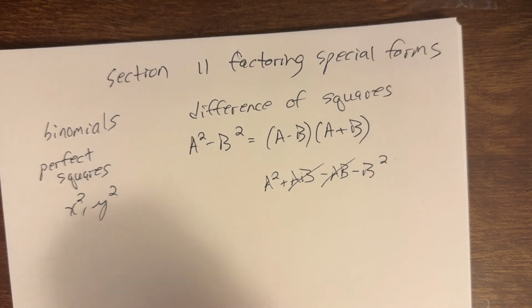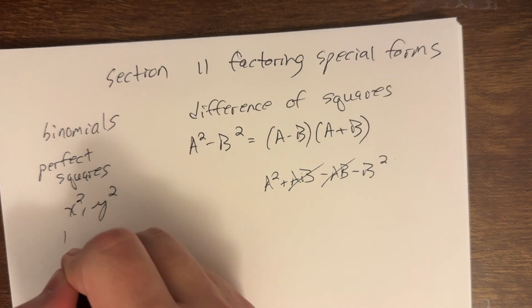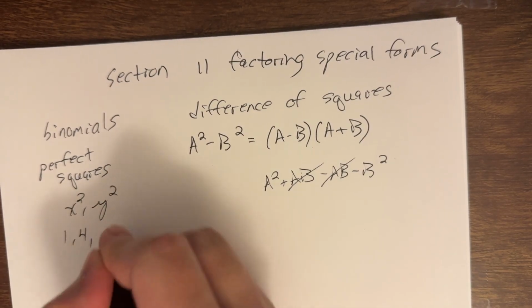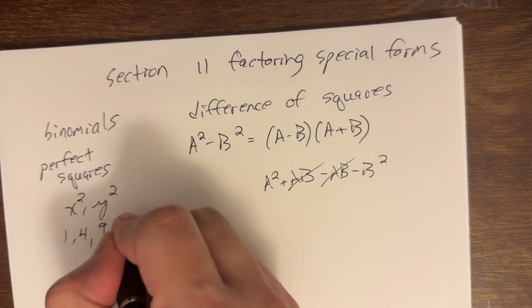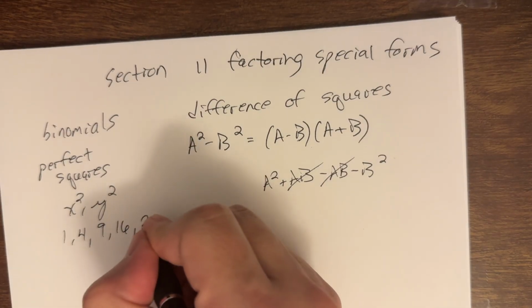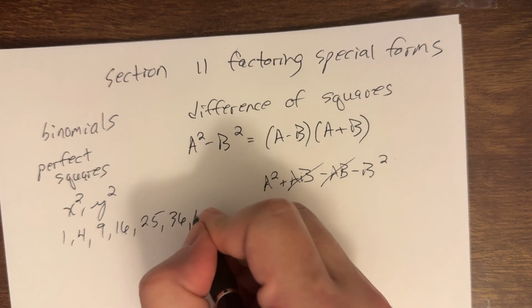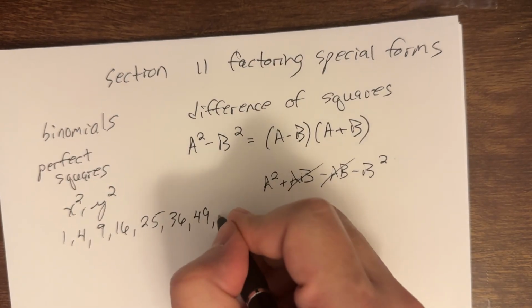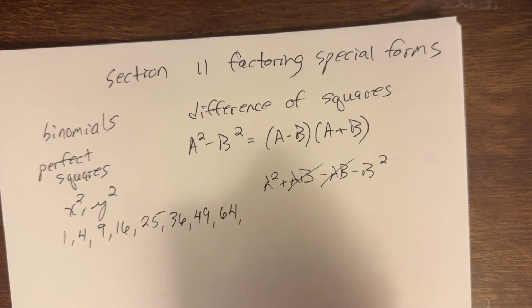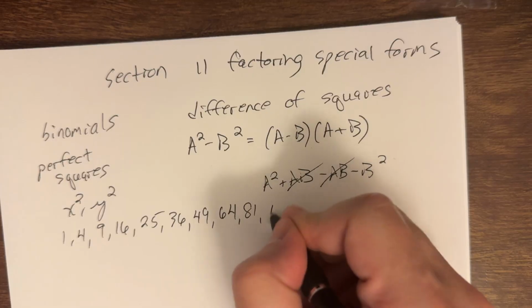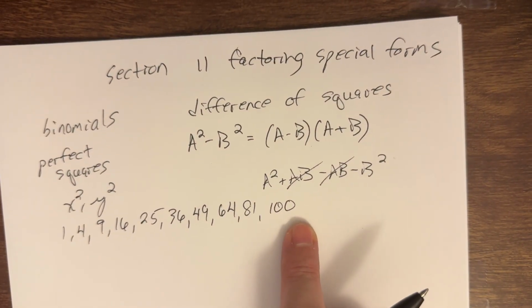But numerically speaking, 1 squared is 1, 2 squared is 4, 3 squared is 9, 4 squared is 16, 5 squared is 25, 6 squared is 36, 7 squared is 49, 8 squared is 64, 9 squared is 81, 10 squared is 100.